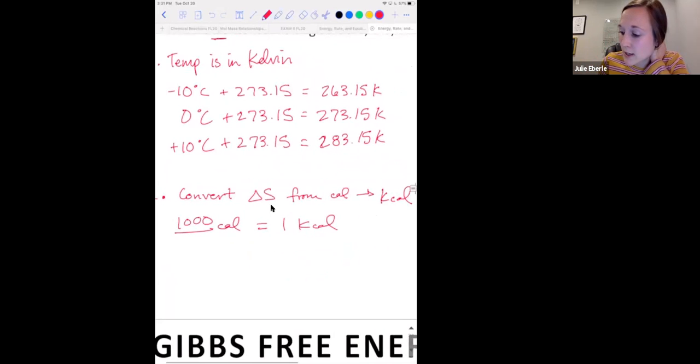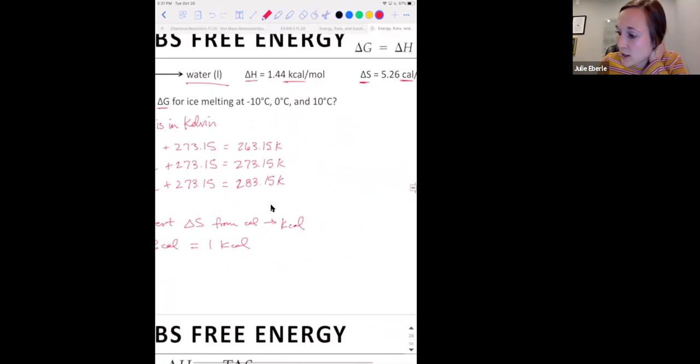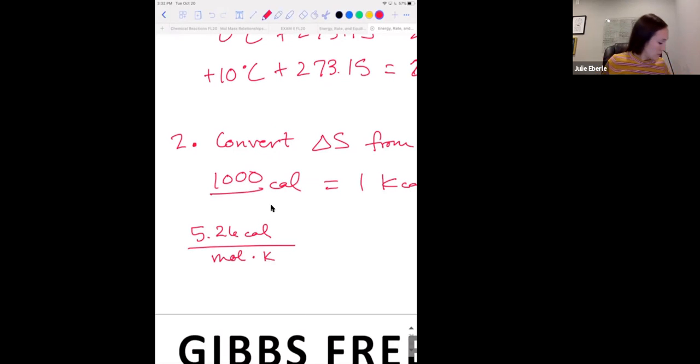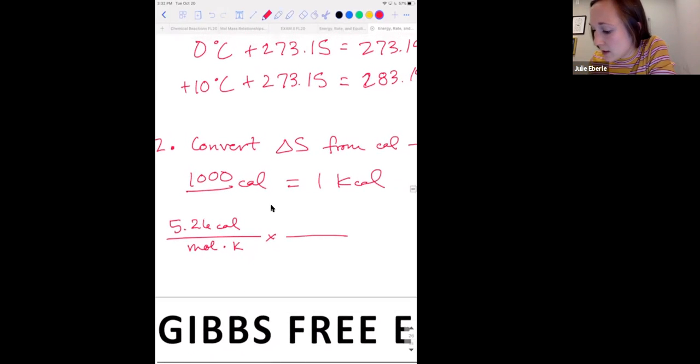So let's go get our delta S value. What is it? It is 5.26. And we want units of calories to cancel. So I'm going to take this relationship that I wrote just above it and plug it in with 1,000 calories on the bottom and 1 kcal on top. All I'm trying to do here is cancel calories and convert to kcals. I do not lose my denominator, moles per Kelvin.